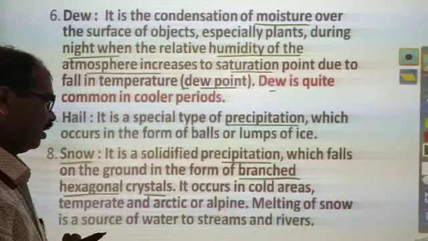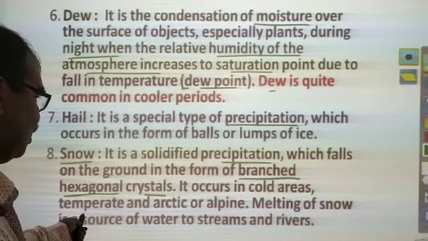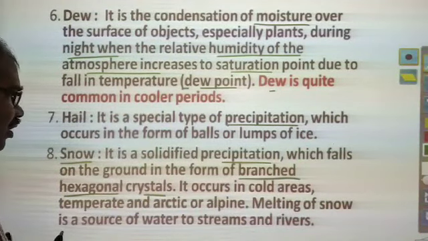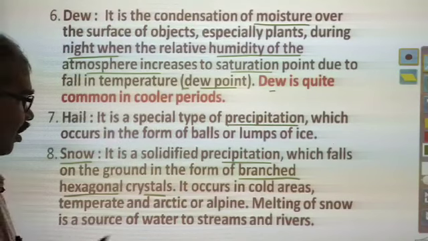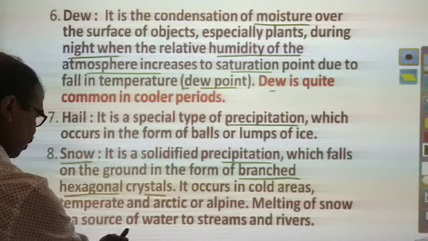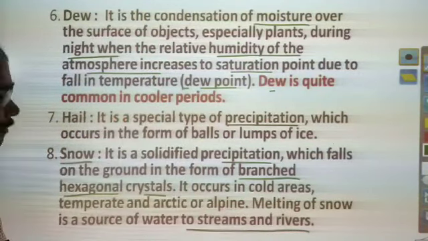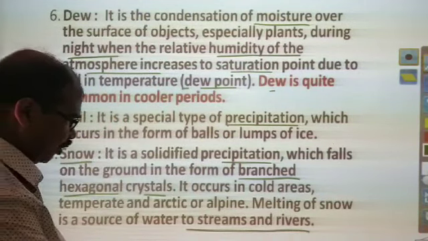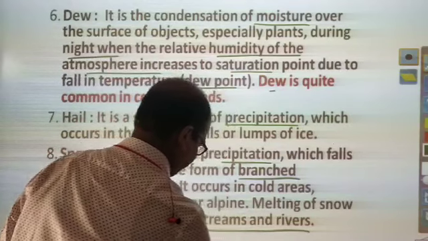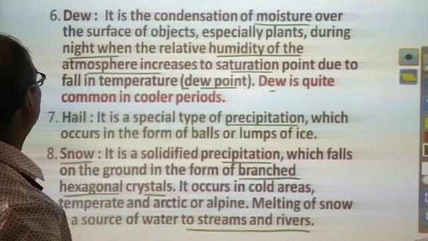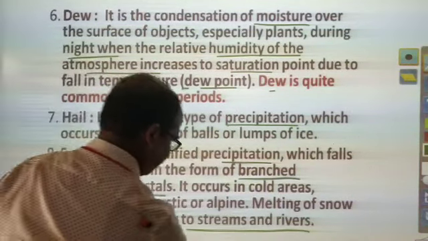It occurs in cold areas, temperate, Arctic or alpine. Melting of snow is a source of water to streams and rivers. So these are different forms of water available.